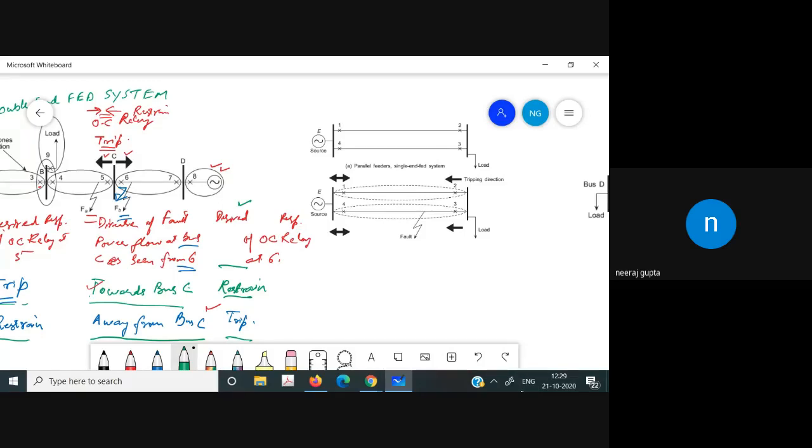Now, let us suppose that we have the parallel feeders, single end fed system. So this is the single end fed system with parallel feeders.